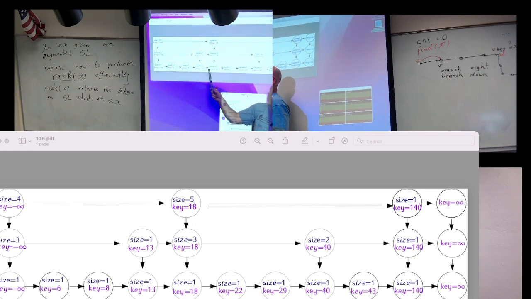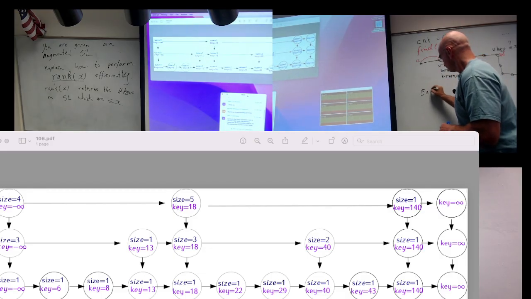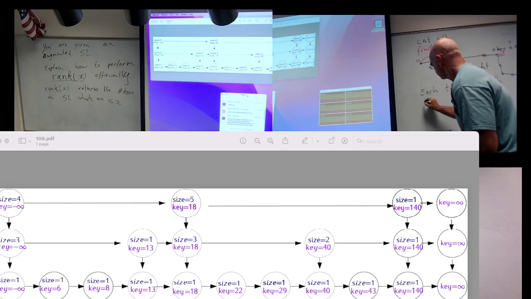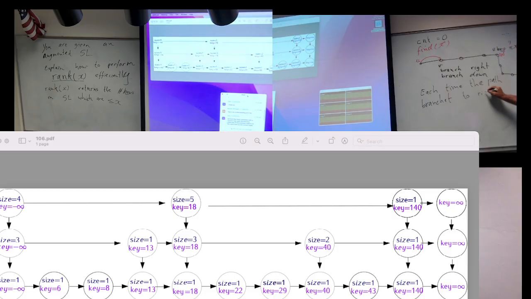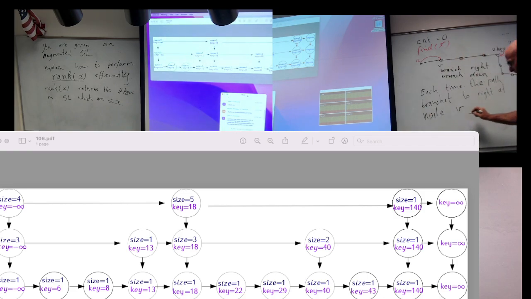Which just means that each time the path branches to the right at node V, we add to the counter the value of V dot size.